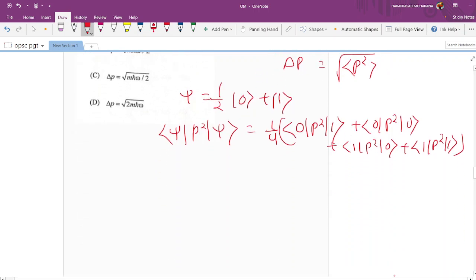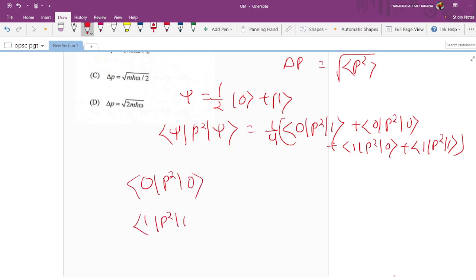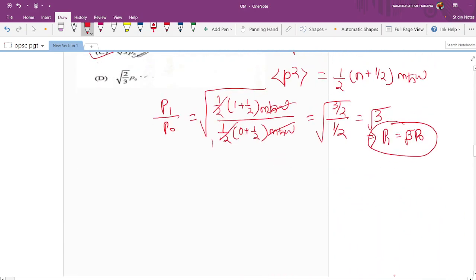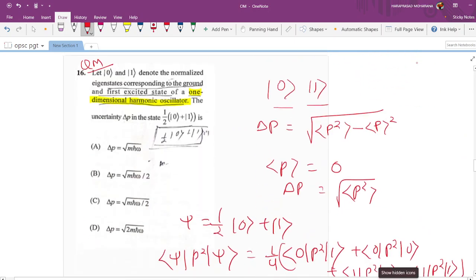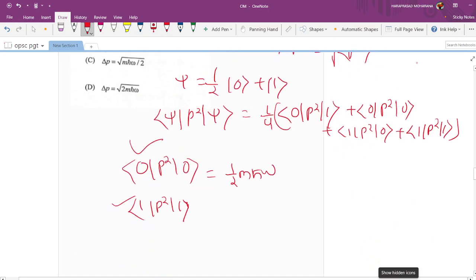You see the terms <0| P square |0> and <1| P square |1>. This is in the ground state, this is in the first excited state. So this will become 1/2 m h cross omega, from this formula you can get it. And in the excited state we have 3 by 2 m h cross omega.